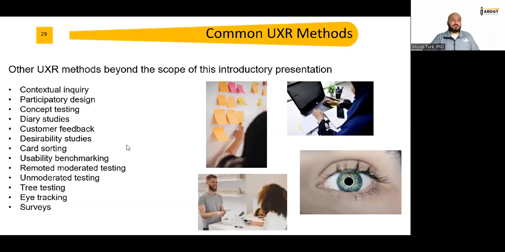So some other UX research methods, which are beyond the scope of this introductory presentation, of course. We have contextual inquiry, participatory design, concept testing, diary studies. So these are all other UX research methods. For example, contextual inquiry is basically a method in which the UX researcher and the participant collaborate together in the participant's natural context or environment.